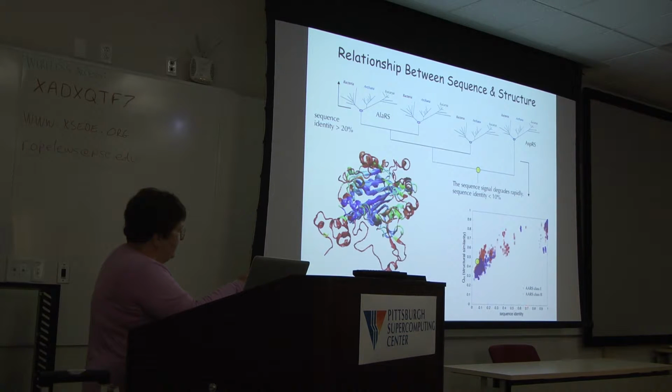And if you look at sequence identity of those synthetases and their structural alignment, you see you're really down here in a range where these two sequences, this yellow dot here, they only have about 5% sequence identity, but structurally they're about 45%. And here's the overlap, and you can really see, yes, they have exactly the same core.